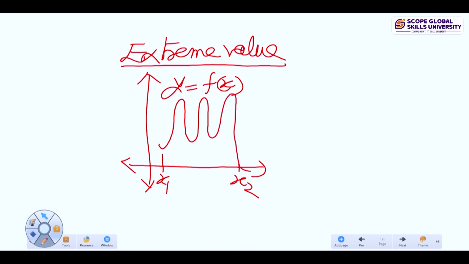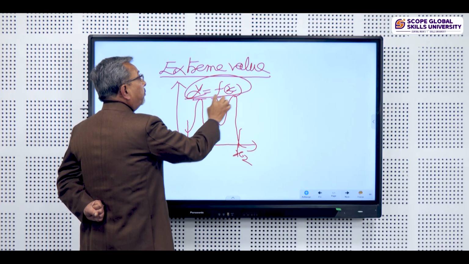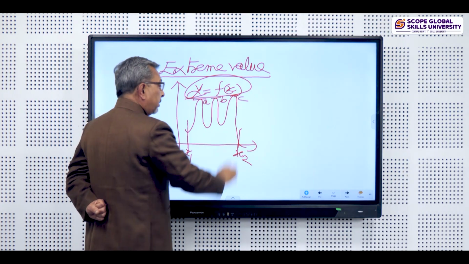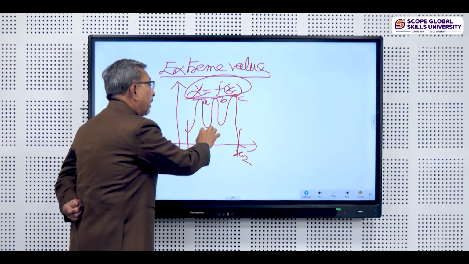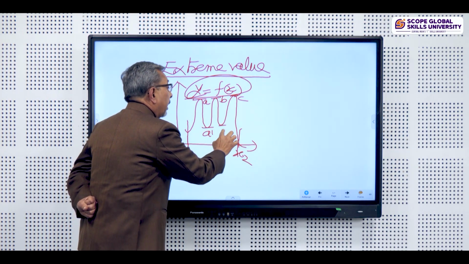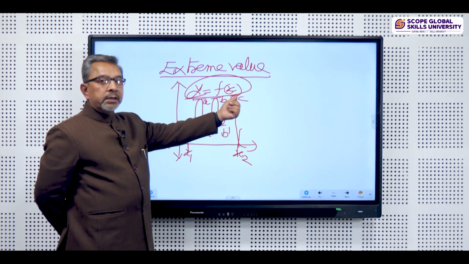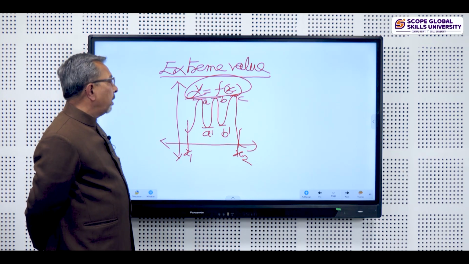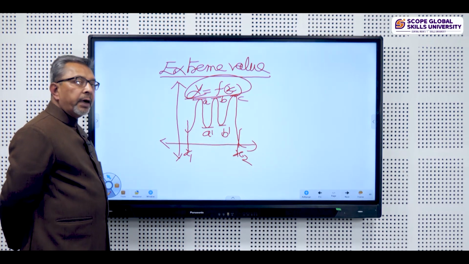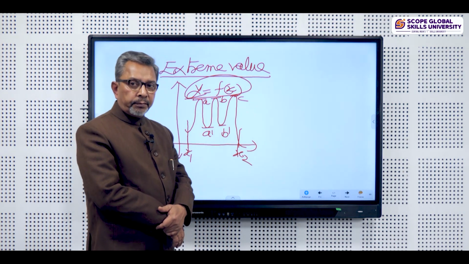Here you can observe that between the interval x1 and x2, this function y is equal to f(x) attains some different types of points in the upward direction a, b and c, whereas on the lower side you can say a dash and b dash. These points a, b, c represent the maximum and a dash, b dash represent the minimum.